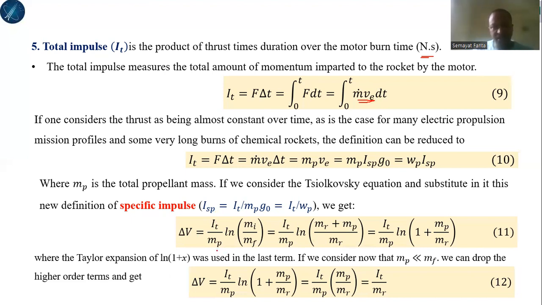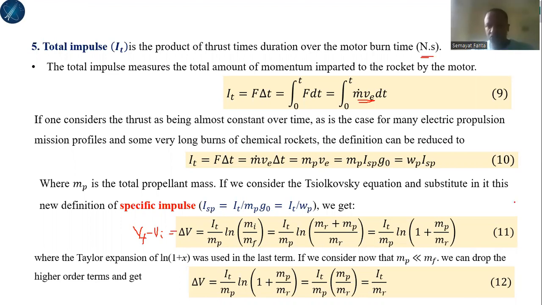So that ISP is equal to IT over MP G naught. So considering that, substituting it into our rocket equation, delta V or V final minus V initial of the rocket, which is equal to IT over MP ln of initial mass over final mass.